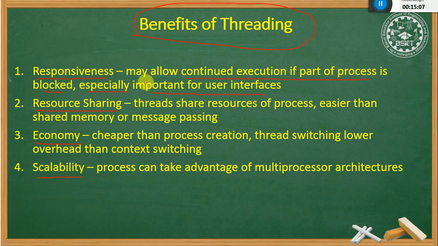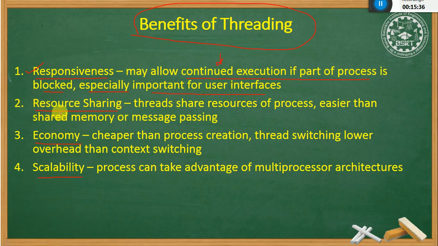In simple words, every thread is running individually and it responds to the execution. So there will be a definite response from the thread when it is running as compared to a process. So it is called responsiveness. It increases the responsiveness of the operating system.